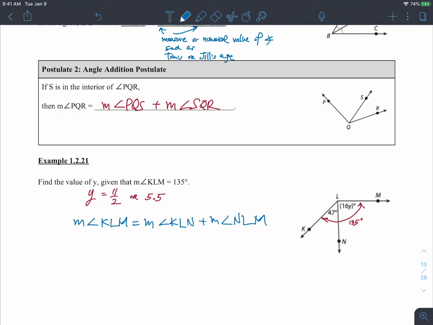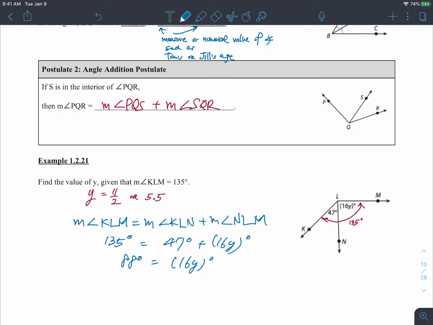We know that the measure of KLM is 135 degrees, the measure of KLN is 47 degrees, and the measure of NLM is 16y degrees. Subtracting 47 from both sides, we get what, guys? 88, exactly. 88 degrees, which equals 16y degrees.